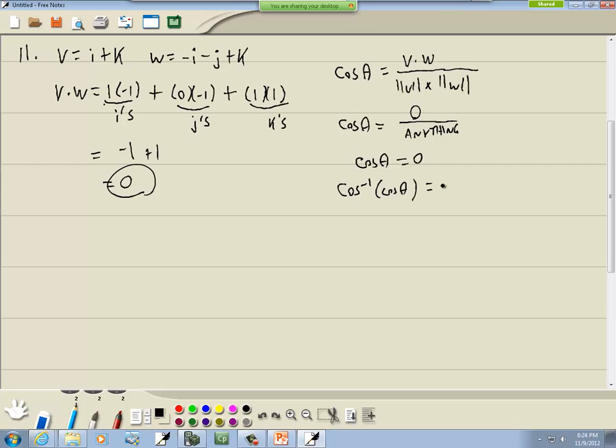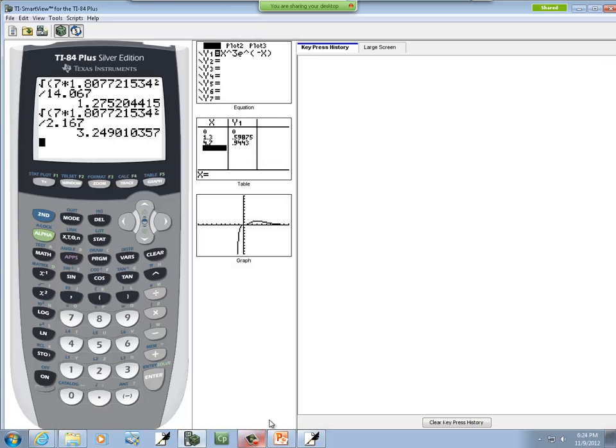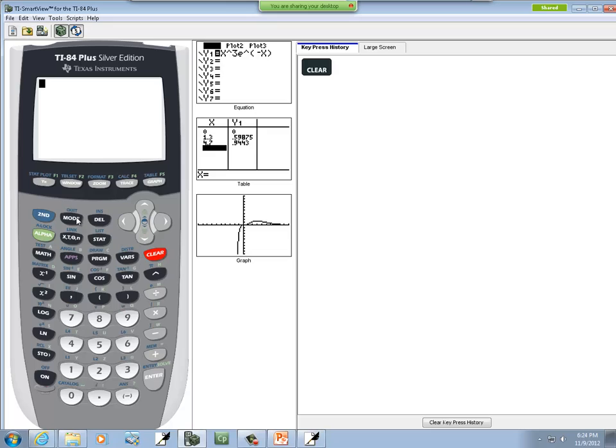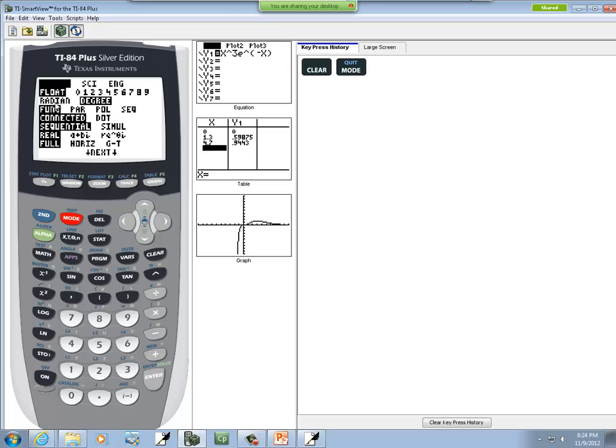And this one's pretty obvious because it's on a unit circle, but let's go ahead and show it on the calculator. We got theta is equal to inverse cosine of 0. Well, you need to make sure you're in degrees on your calculator. So if I press mode, you see the third one down. I press down arrow to that, put my flashing cursor on degree, and I'll press enter on it if it's not already highlighted.